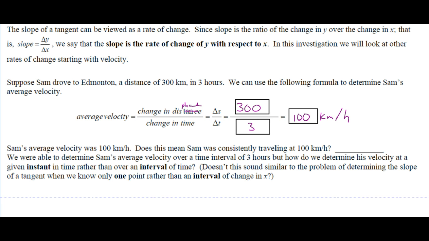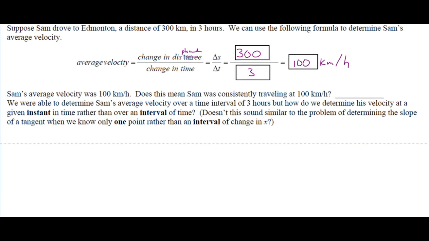And if we're driving to Edmonton, we should throw a north in there, but we're going to play fast and loose with this. So Sam's average velocity was 100 kilometers an hour.